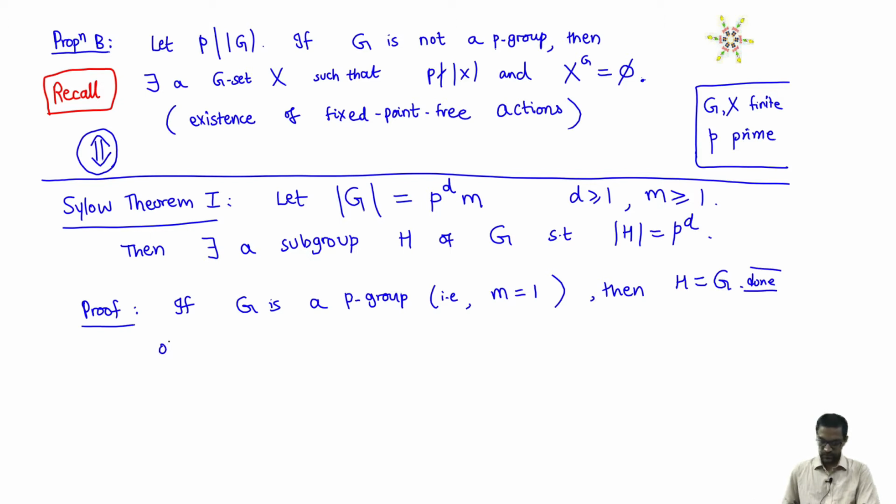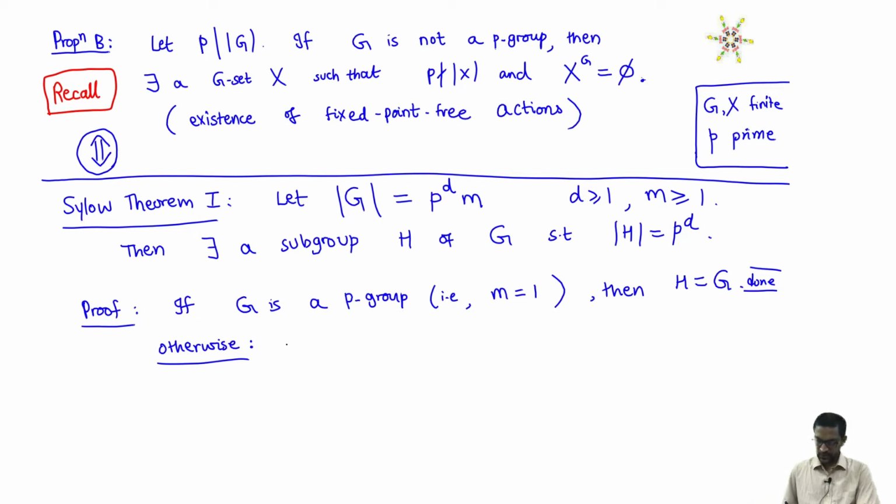Otherwise, in other words, if m is at least 2, or in other words, there are other primes which divide the cardinality of the group, then let's use proposition B. Now we are in the setting of proposition B, which says that if a prime divides the cardinality of the group, but the cardinality of G is not a power of that prime, then I can manufacture a fixed point free action on a G-set whose cardinality is not divisible by p.